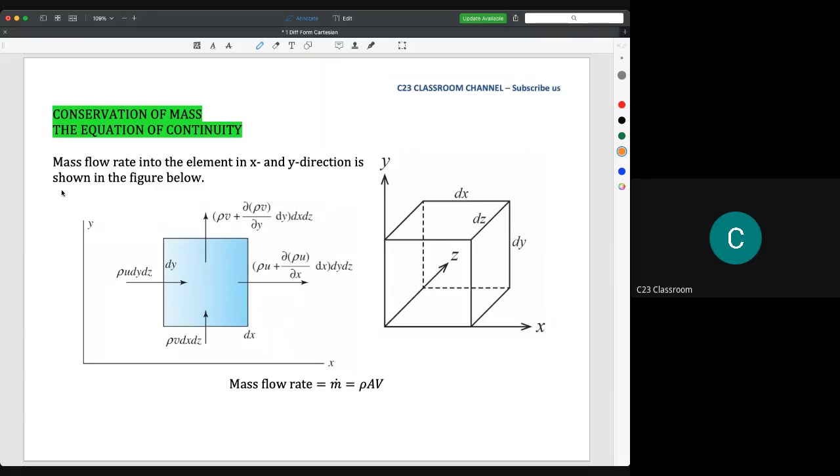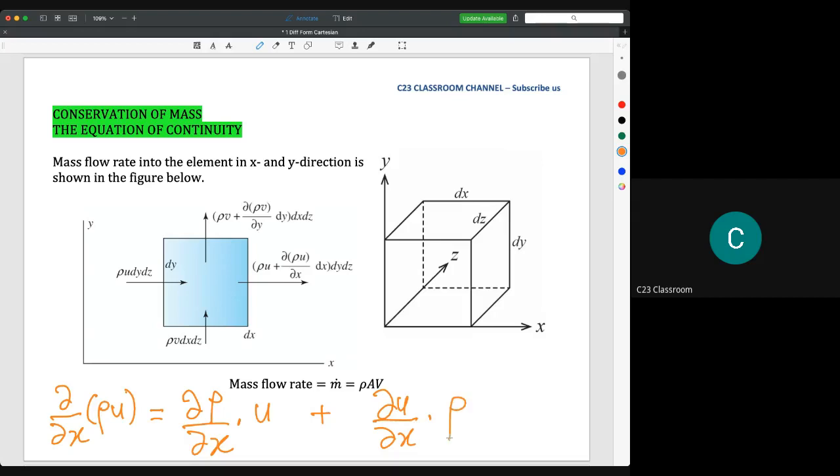Okay, sekiranya kita ada del over del x untuk rho u, so kita boleh menulis sebagai del rho over del x dan kita fixkan nilai u, kita campurkan dengan del u over del x dan kita fixkan nilai rho. Okay, boleh nampak.